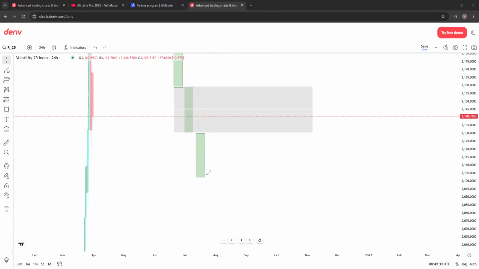When price comes into that gap, you buy it. Sorry about that. You wait for it to fill the 50%. You wait for it to give you your confirmations like we always do, and then you sell it. So these are our entries for gaps, right? So now we go to breakout structure and change of character.